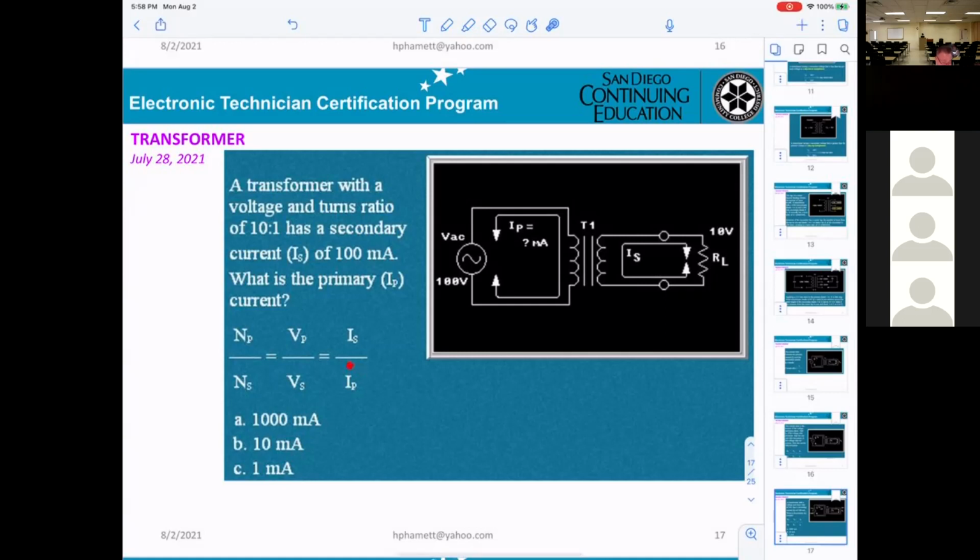If you want to calculate, IP equals NS times IS divided by NP. It has to be A. I don't know. Ratio of tens.